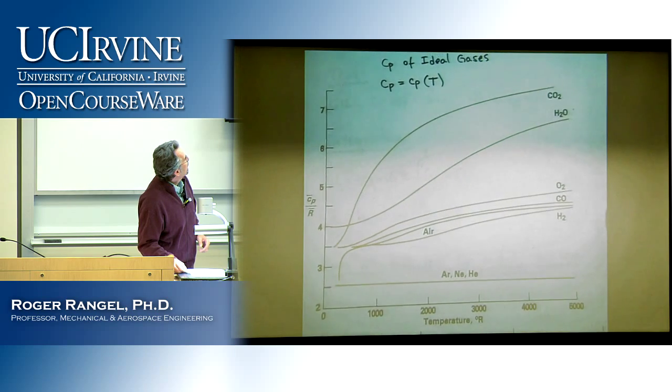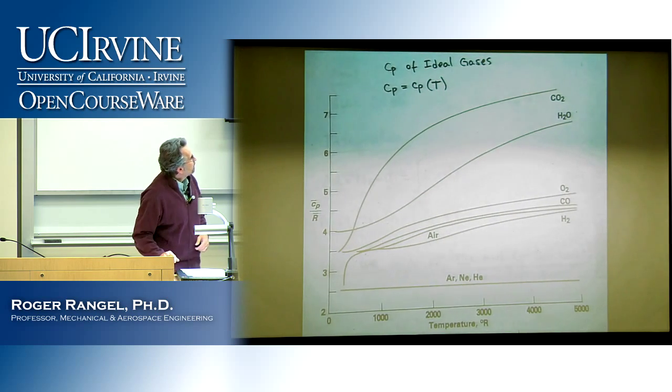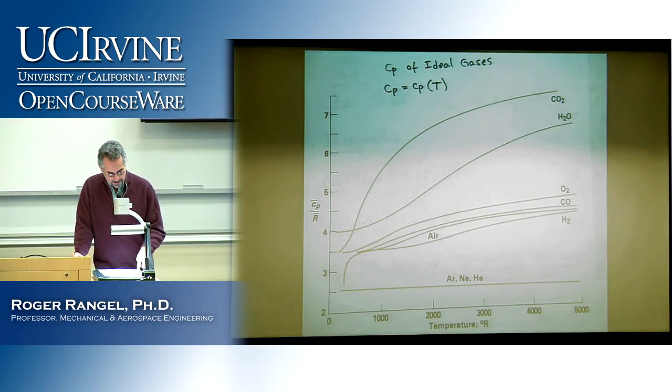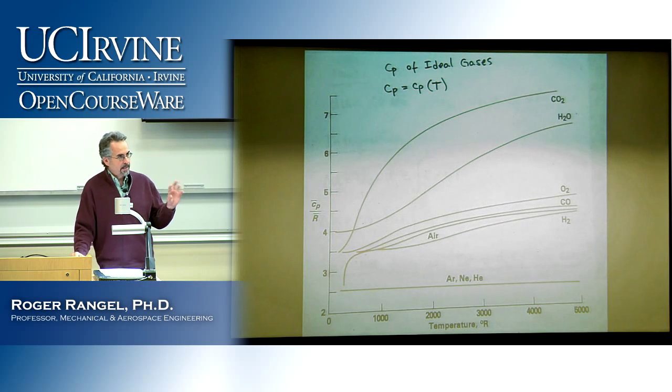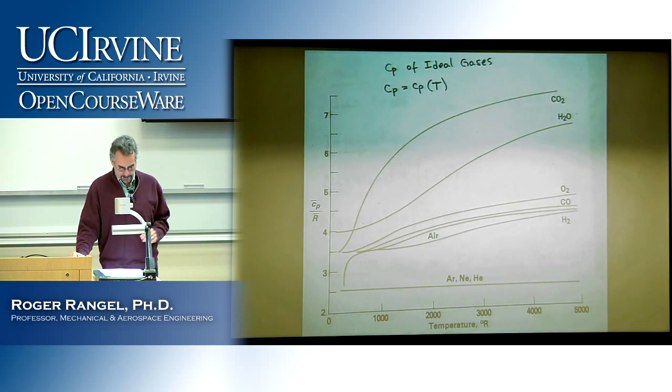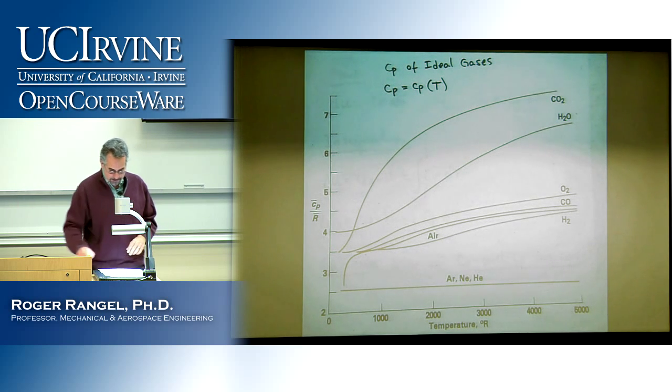This plot has Cp, a fancy Cp because it's a molar Cp divided by the universal gas constant. But think of this as Cp. It's just a dimensionless version of it. And temperature is at the bottom.